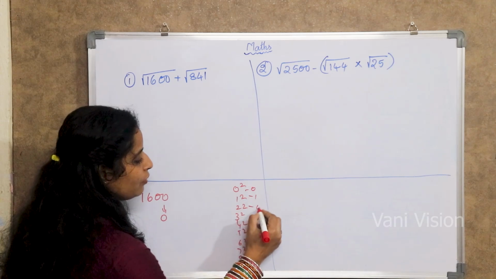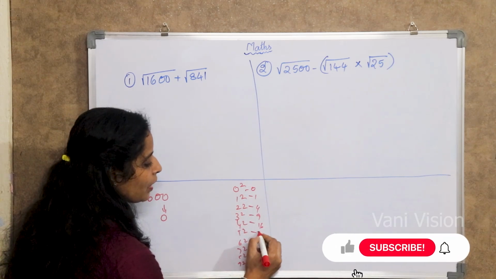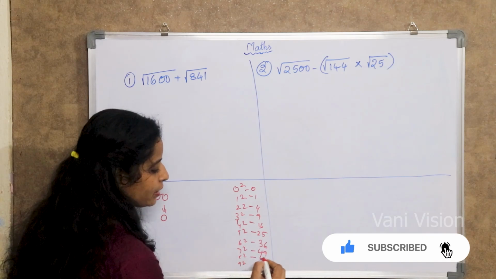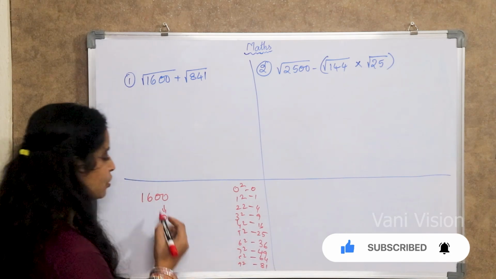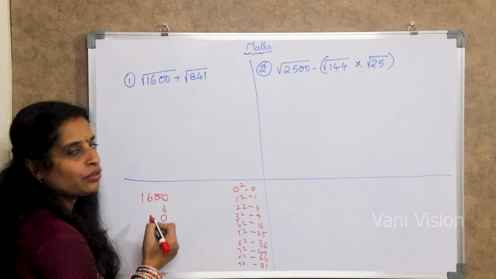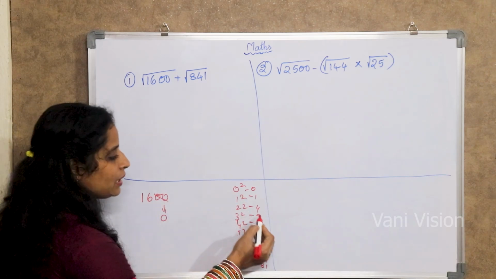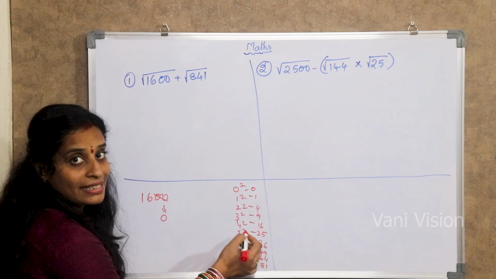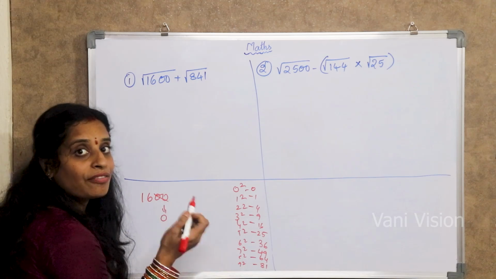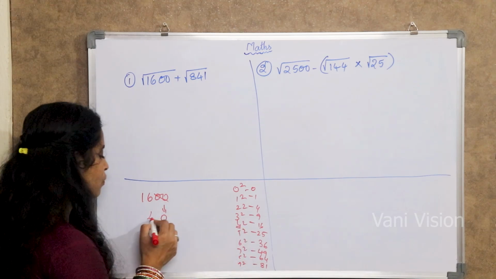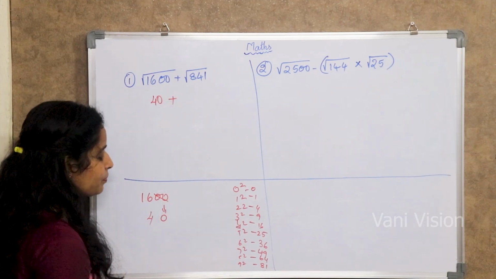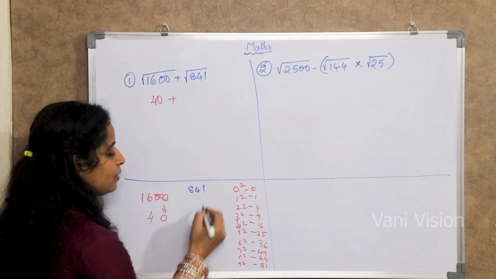So 0, 1, 4, 9, 16, 25, 36, 49, 64, 81. The probability of getting 0 is 0. Then cut off 2 digits. Now 16 is there at what square? 16 is the square of 4. So what is your answer? 40.